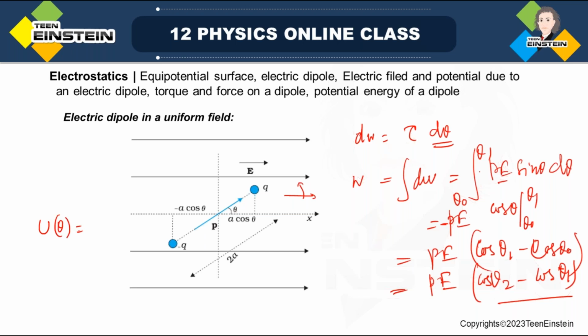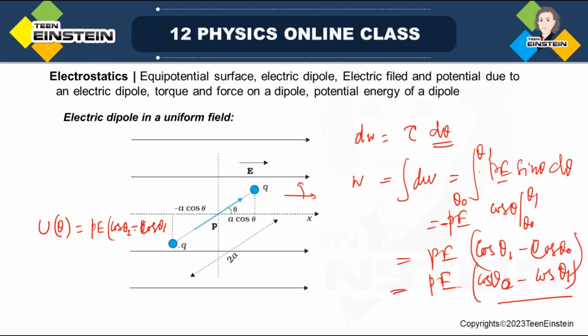So U theta could be written as cos of theta 0 minus cos of theta 1, with limits theta 0 to theta 2, to theta 1.